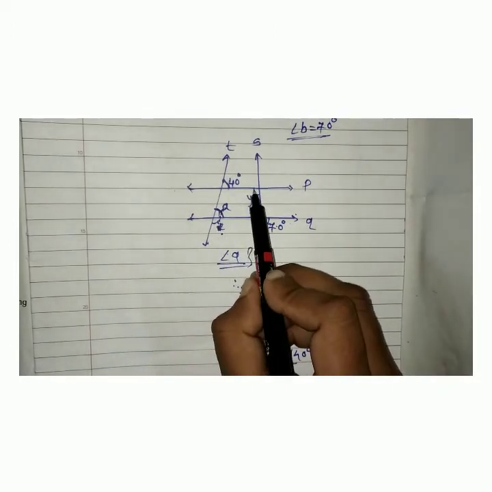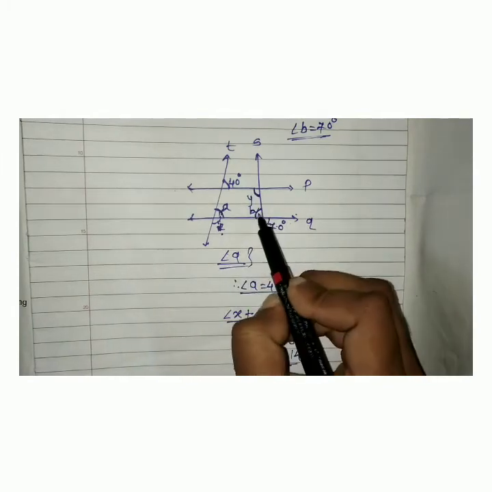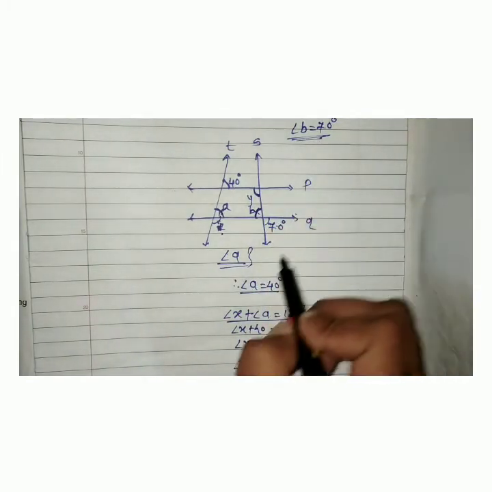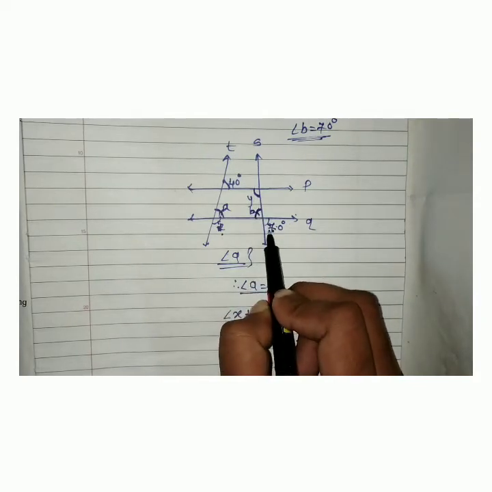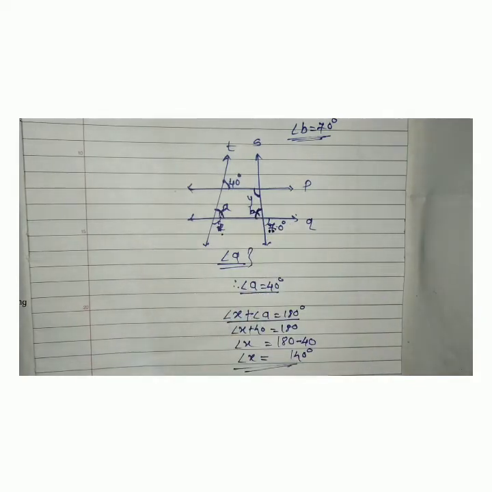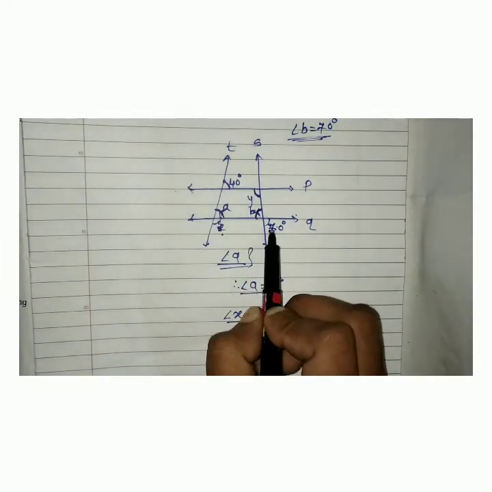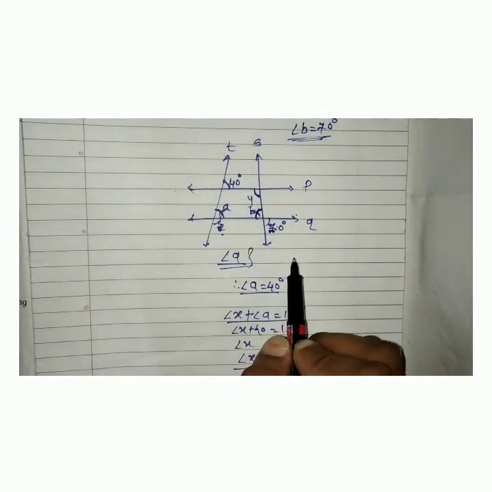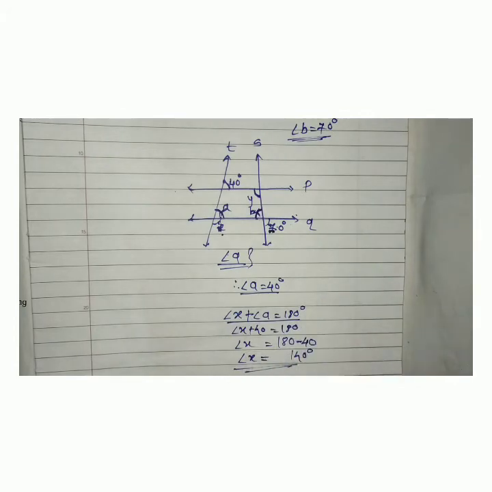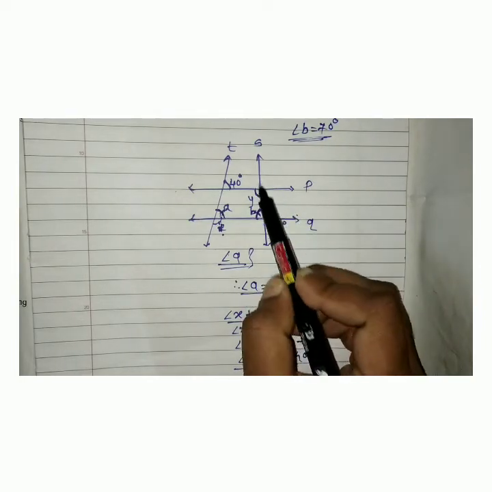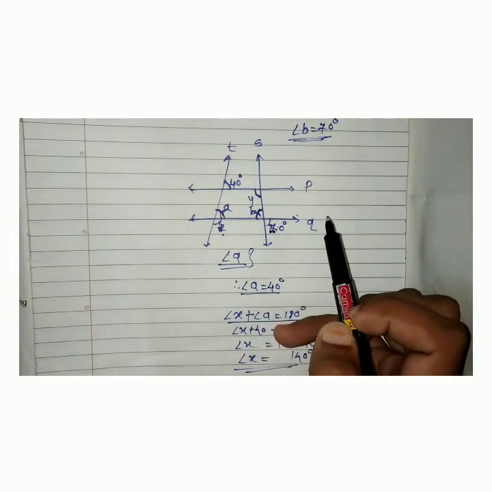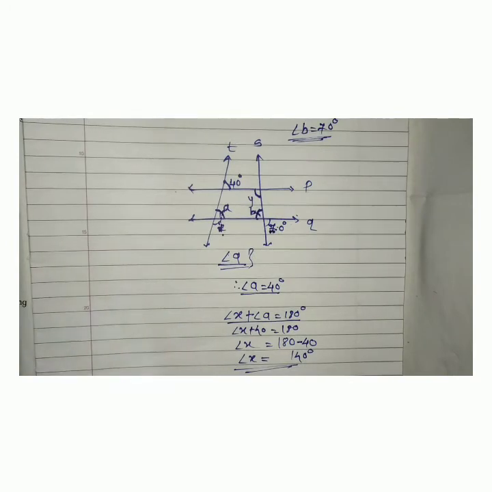Now to find the measurement of angle y. Here, what is the measurement of angle B? It is 70 degrees, because the 70 degree angle and angle B are vertically opposite angles, and we know vertically opposite angles are congruent. Therefore, to find the value of angle y: lines P and Q are parallel and S is a transversal.